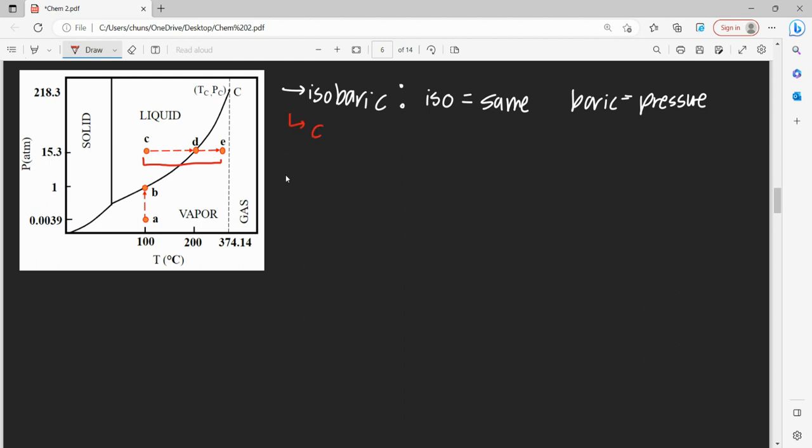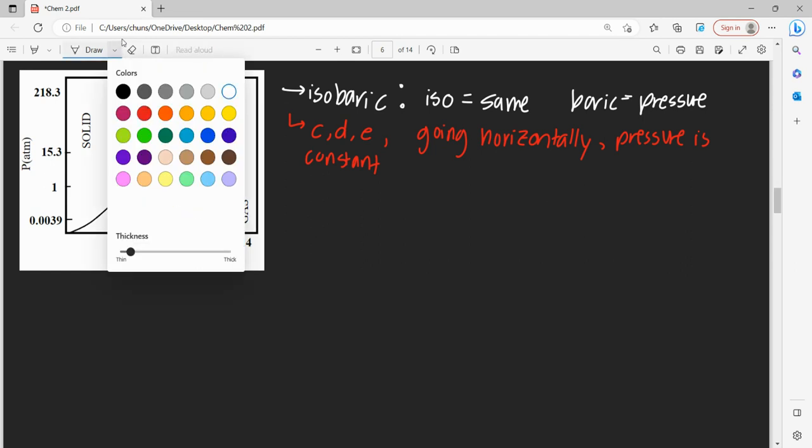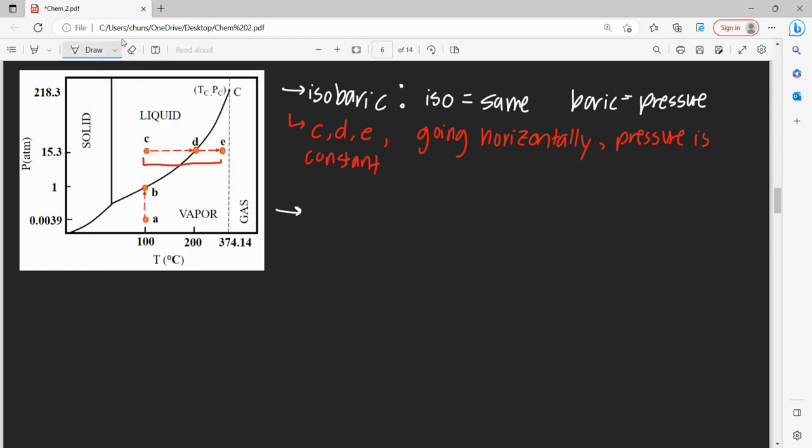That's C to E, C, D, E. As temperature is allowed to change, pressure is the same, is constant. You're going to need to know these terms for questions, because the question might ask you to look at a system that's changing isobarically or isothermally.